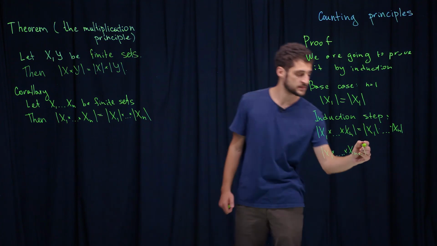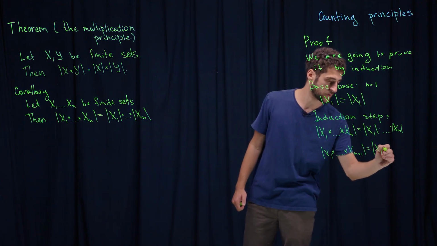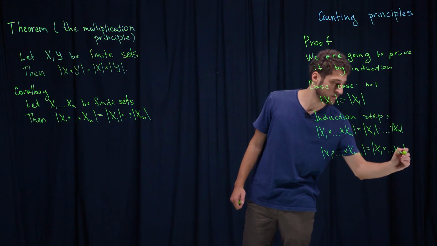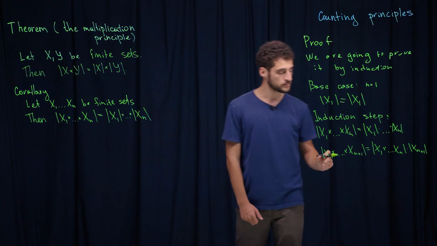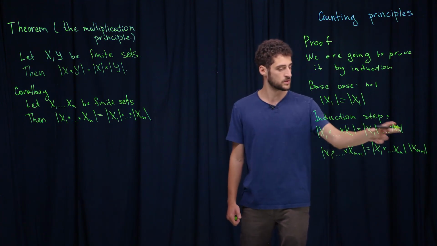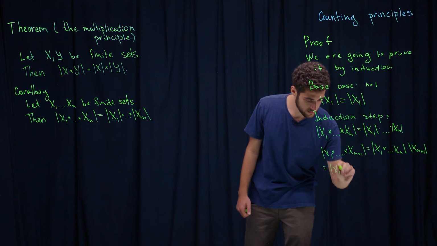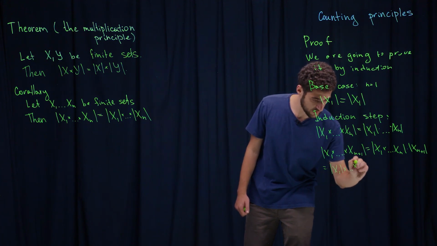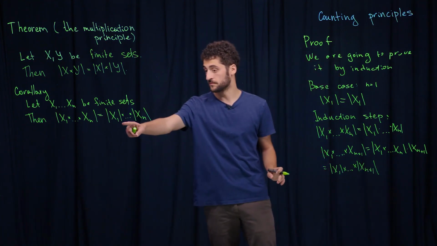Note that it's the same as the product of the sizes of the following sets: X1 times dot dot dot times Xn, times the size of Xn+1. And now we know that this is equal to this by the induction hypothesis. So it's equal to the product of the sizes of X1 through Xn+1, which finishes the proof.